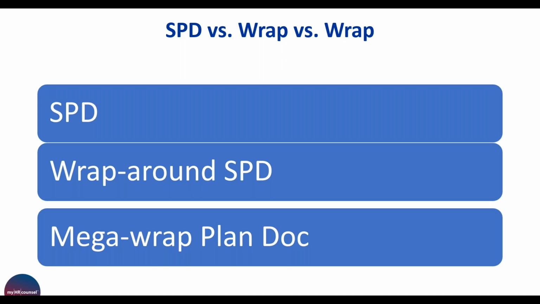It tells you all that required information, et cetera, et cetera. As a complement to that, or rather an alternative would probably be a better phrase, there's a wraparound summary plan description. And that is still a single plan summary plan description.